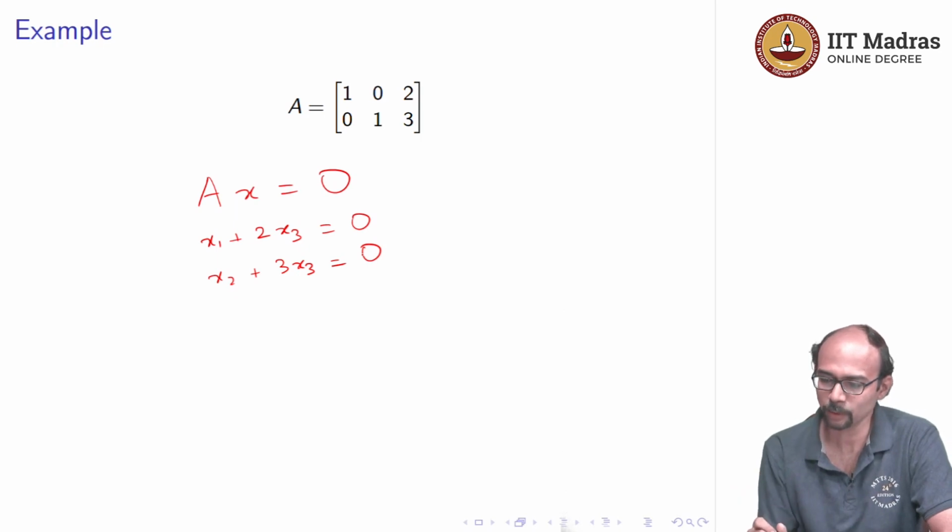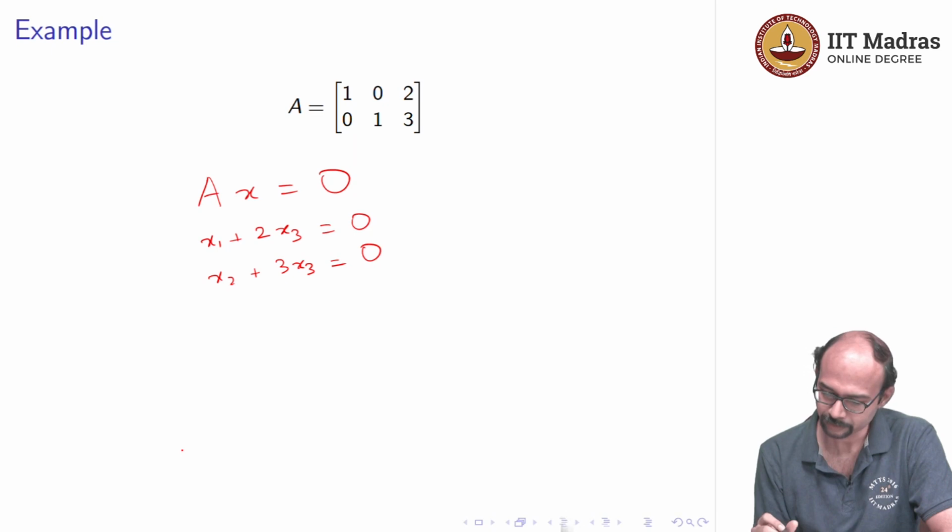Now typically what do we do? We try to manipulate around and find values for x1, x2, x3. If you look at this, there is not really much we can do to manipulate this, and the reason is that we can have many solutions. So how do we find solutions?